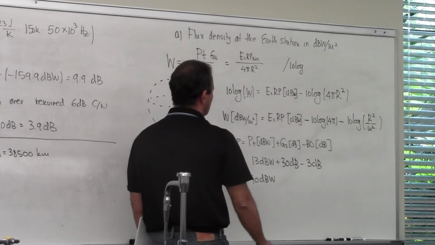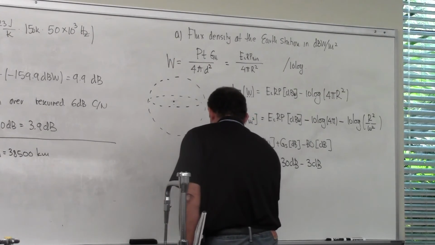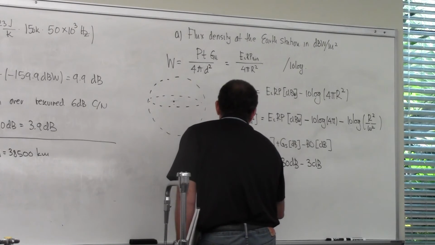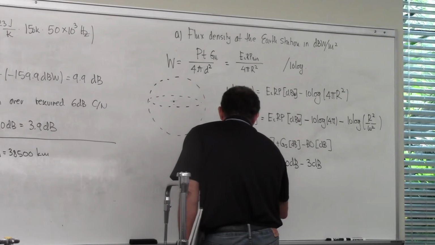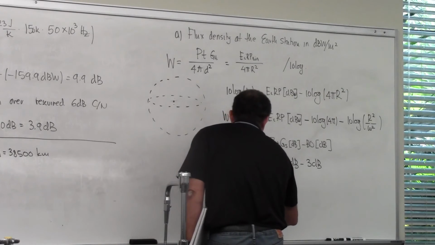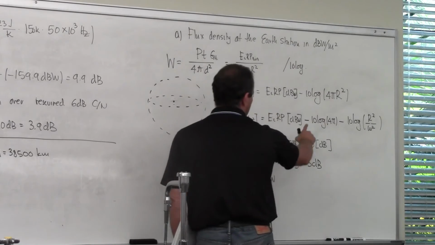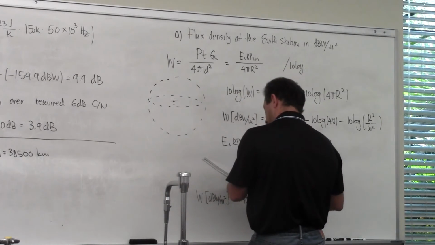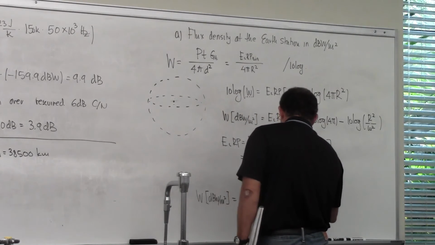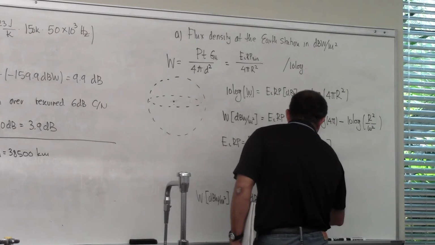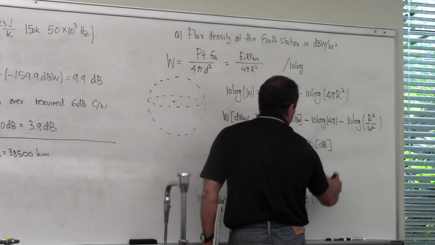And the rest of it you just substitute. So W in dB watt per meter squared is equal to 40 dB watt minus 10 log of 4 pi, that's 11, right? Yes, 11, minus 20 log of the distance.